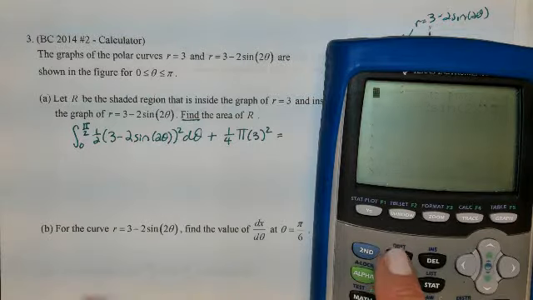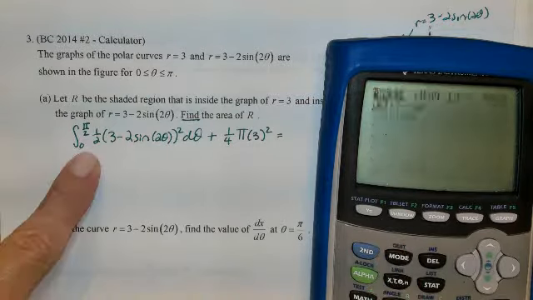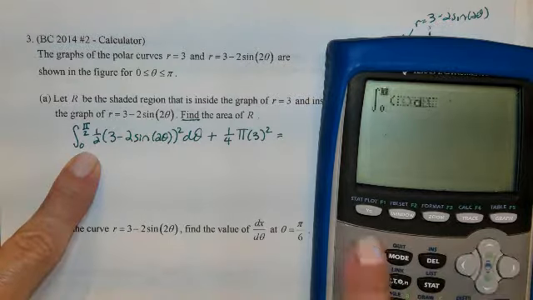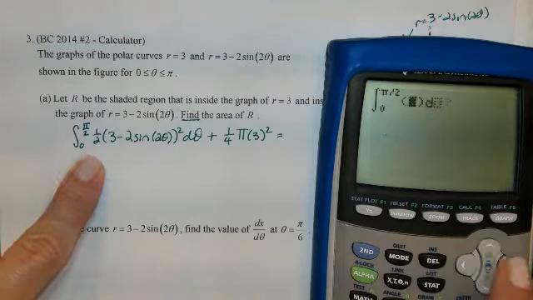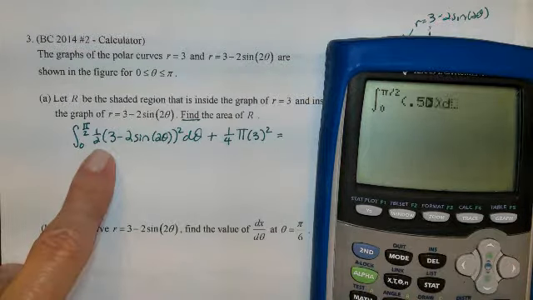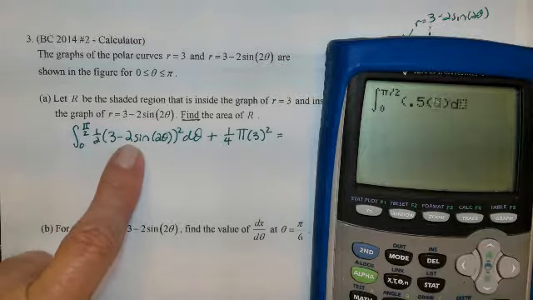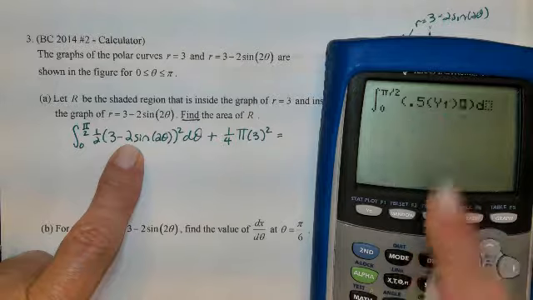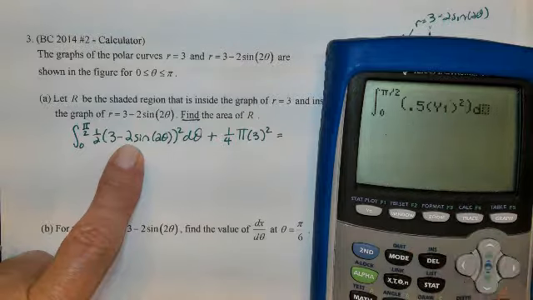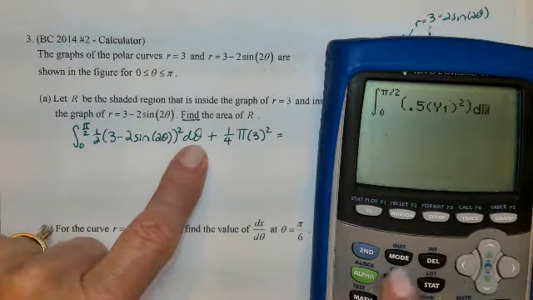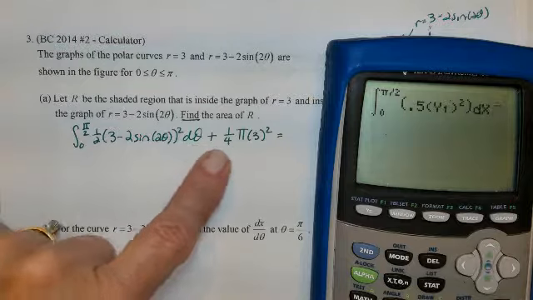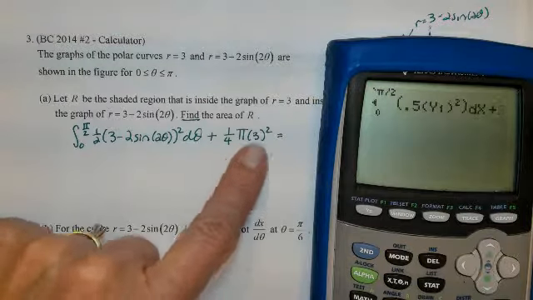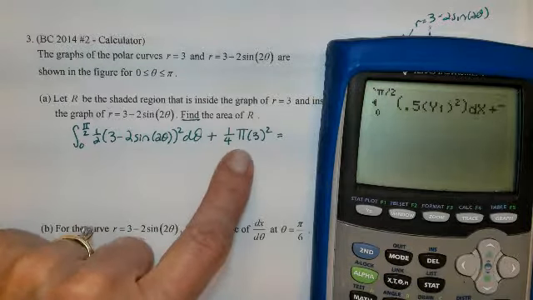So now that I have that in there, for this integral, math 9, 0 to pi over 2 of 1/2 y1. I didn't need that parentheses here, but since I started it, I'm going to close it up. d theta, plus 9 pi over 4, right?